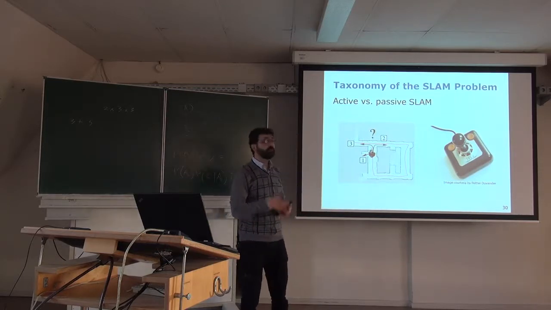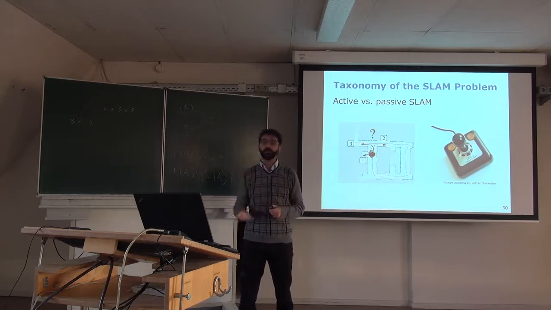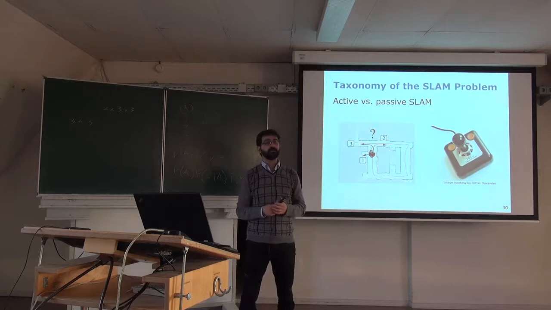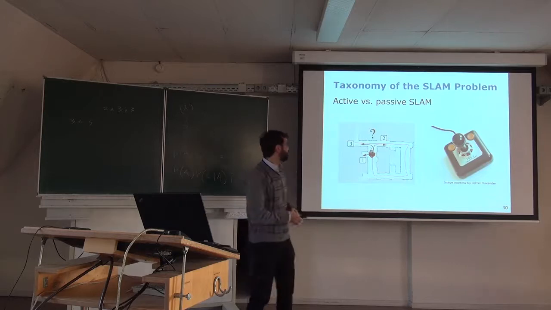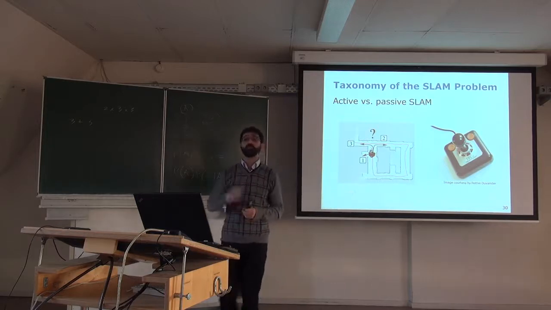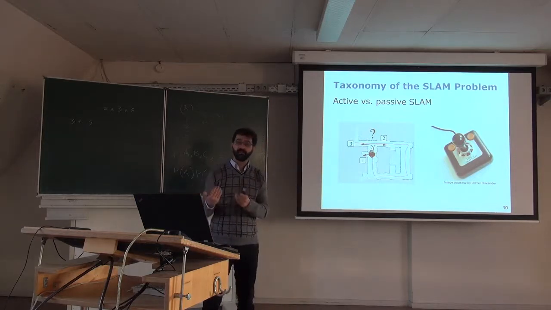This might be a more complicated problem because you also put some decision part inside, but sometimes it can also be easier from the estimation point of view, because you can force the robot to go into places that help it get a better understanding.